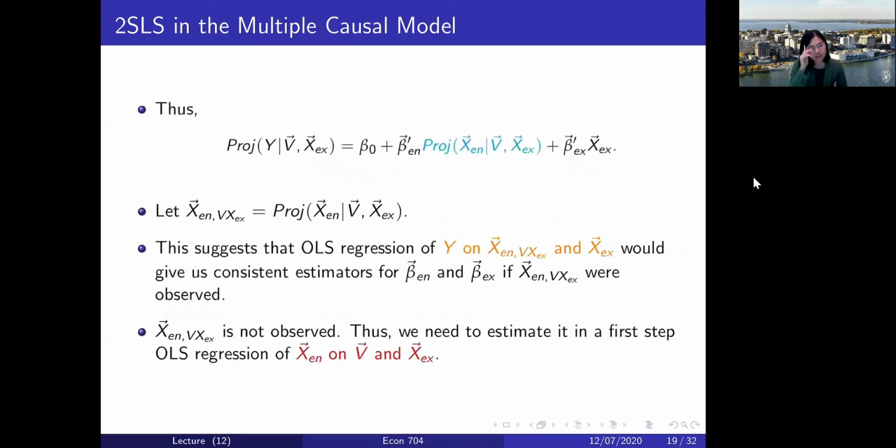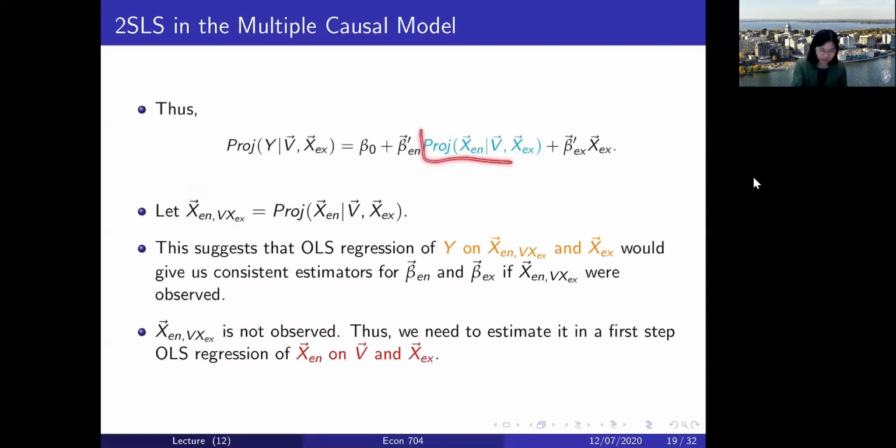So if you define this projection as a new random variable, call it Xen projected on V and Xex, then as in the simple one-instrument, one-causal-variable case, this is part of the endogenous variable X, but it's the good part, the exogenous part of Xen.